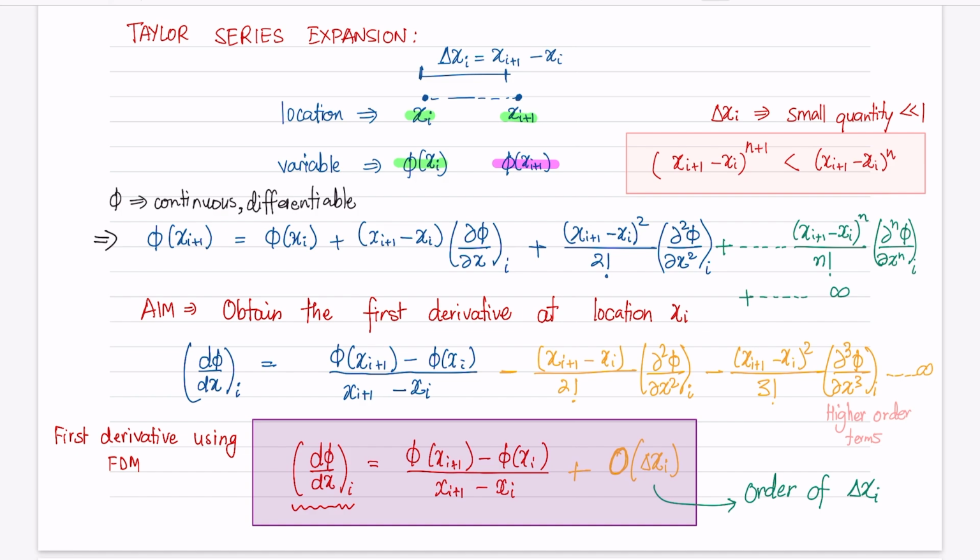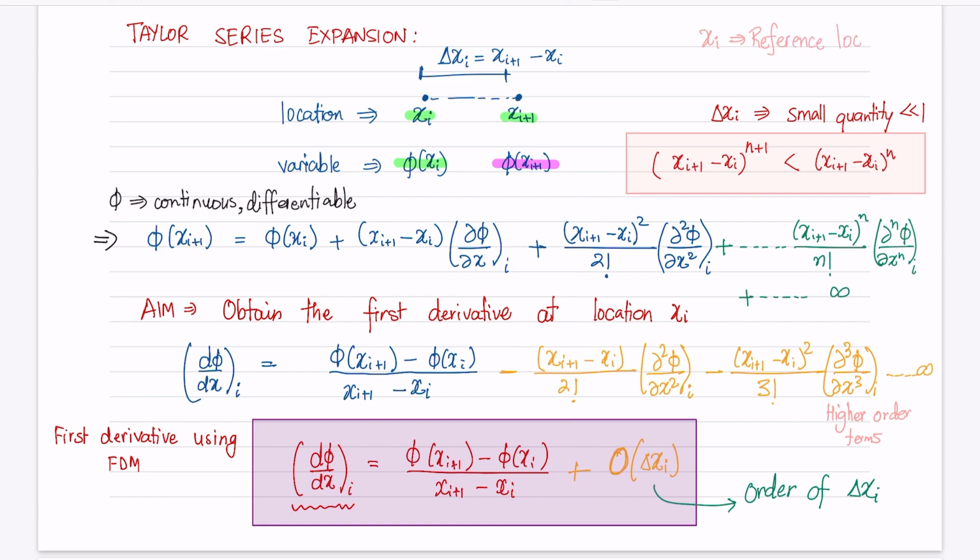So using this Taylor series expansion, our aim was to obtain the first derivative of phi at the location xi. So in all the discussion that we would do, this xi is our reference location.